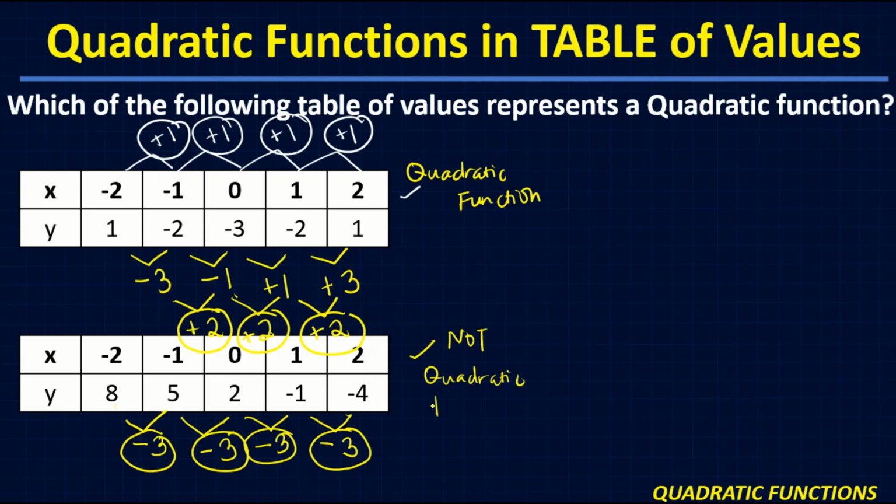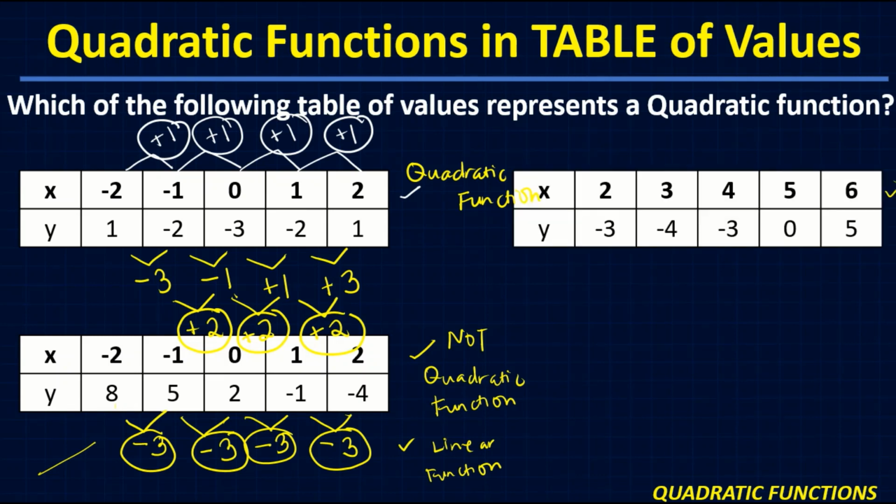Okay, so kapag meron kayo nakitang ganyan, na pare-parehas ng differences sa values ng y natin, hindi siya quadratic function, merely it is a linear function. Kapag ito ay grinaph natin, makakapag-obtain tayo ng straight line. And when we obtain a straight line, of course, that is not a quadratic function.